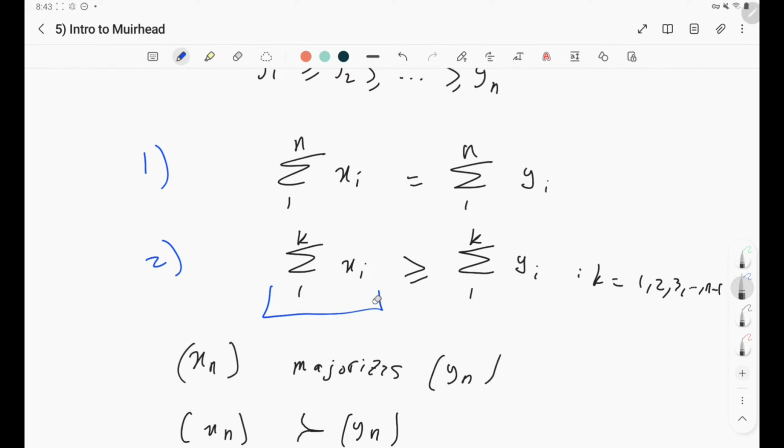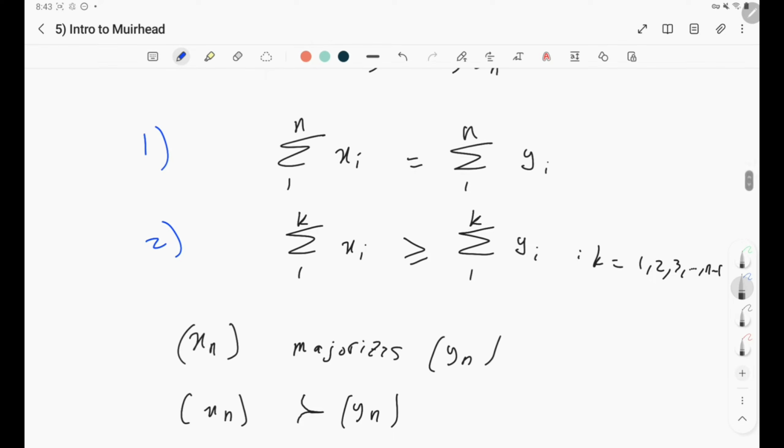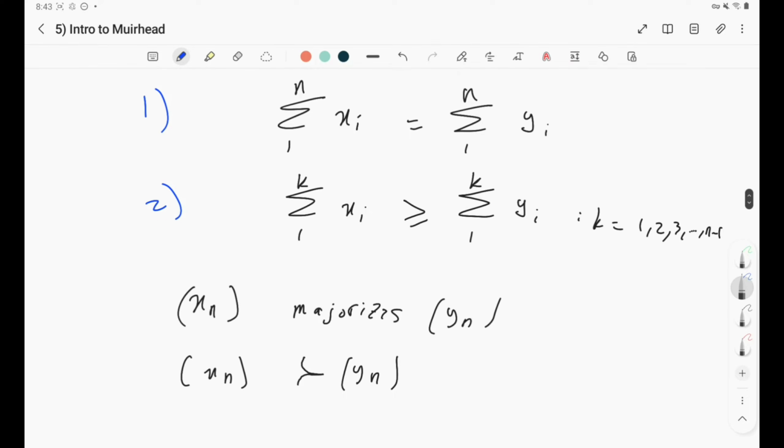It simply means that you start from x1 till xk as a sum. So for example, x1 plus x2, then x1 plus x2 plus x3, and so on. So that just means that the kth prefix sum here is greater than or equal to the kth prefix sum from the other sequence. Sorry, not equal, greater than or equal to. So if we have these two conditions, then we know that, as we said, xn majorizes yn.